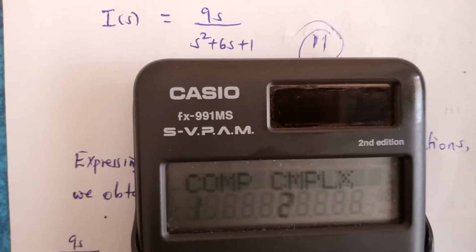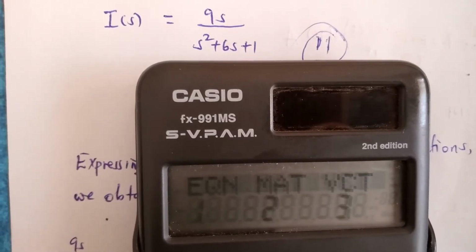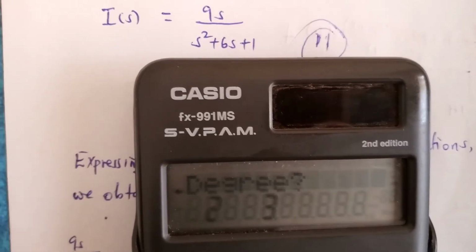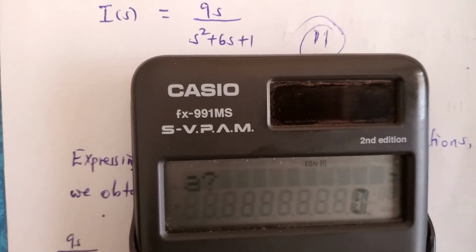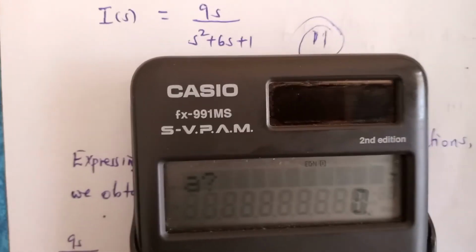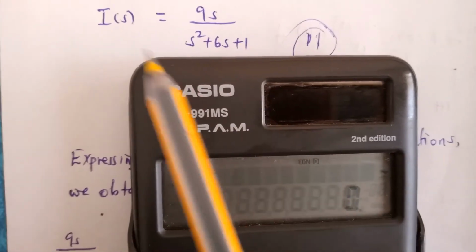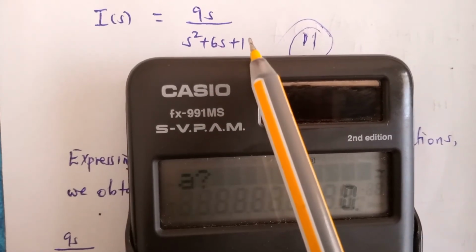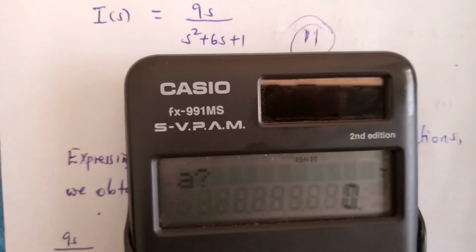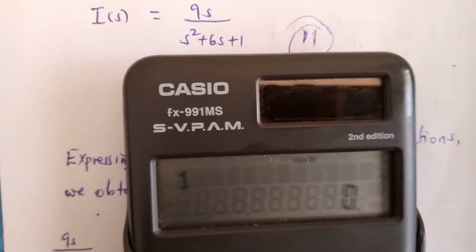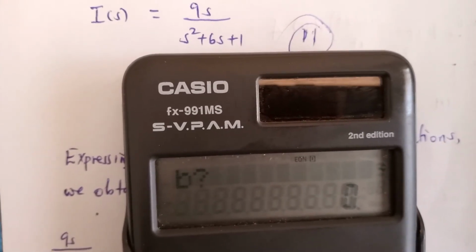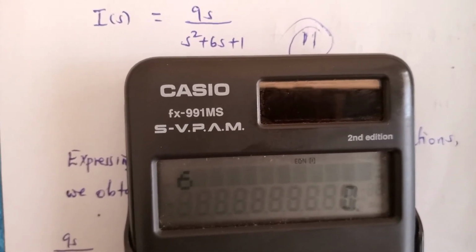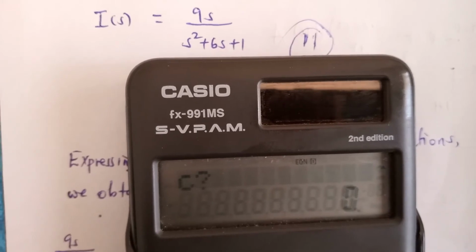You go to mode, then equation 1, then degree 2, then enter the coefficients of the equation. The coefficient of s squared is 1, the coefficient of s is 6, and the constant is 1.